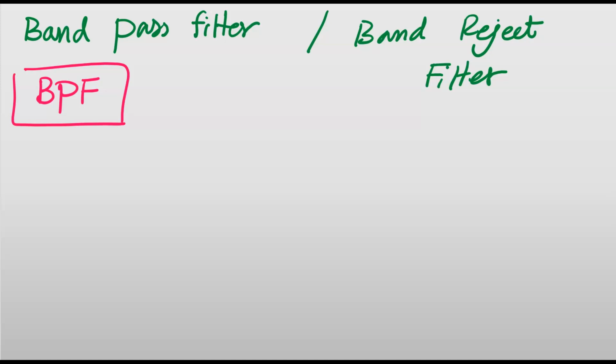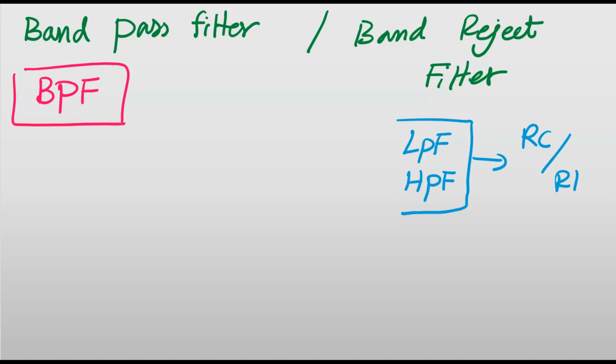So in the last couple of videos, you've seen how to design a passive low pass or high pass filter. When you want to design a low pass filter or a high pass filter, what you need is an RC or RL circuit.